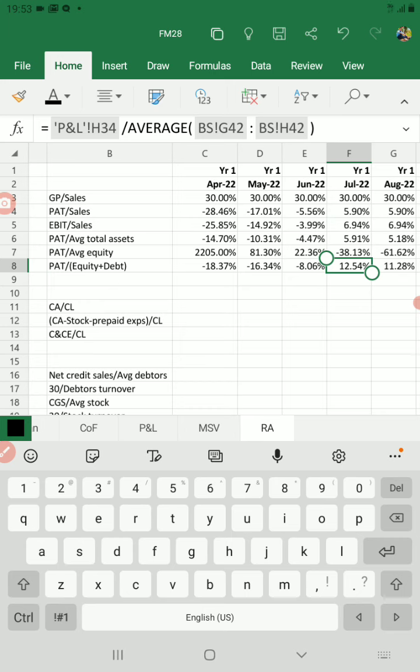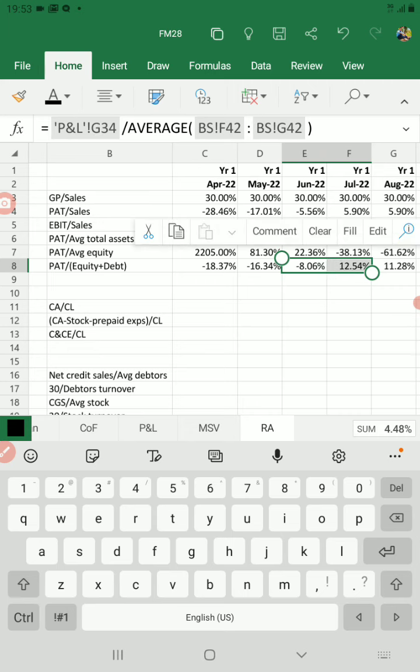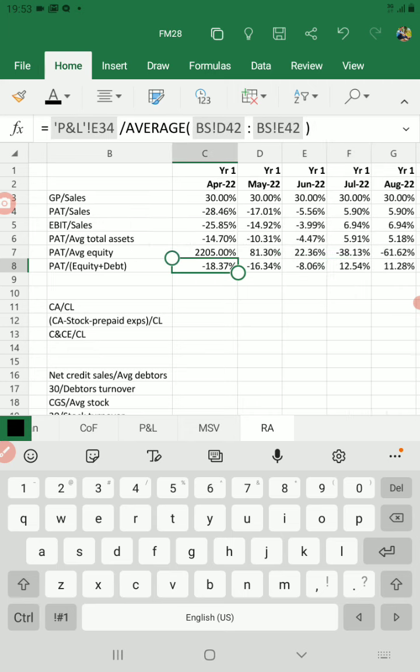So the ratios for December in that case cannot be compared with the ratios in January. That is the monthly precaution when you evaluate the ratios. You need to look at the seasonalities.